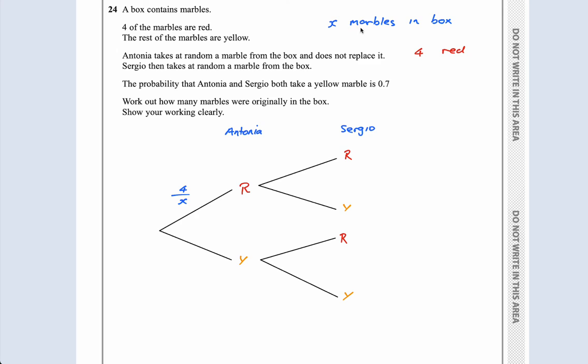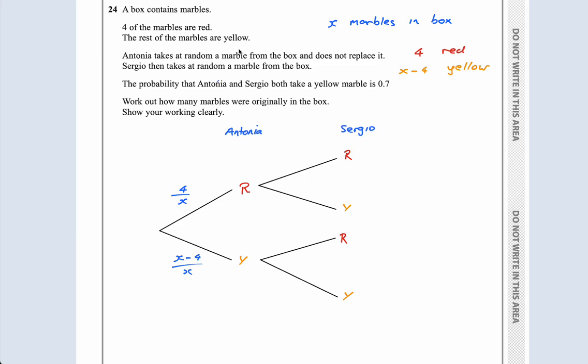Well, if there was 10 in total, it'd be 10 minus 4, which is 6. If it was 20 in total, there'd be 20 minus 4, which is 16. If there's X in total, there's X minus 4 yellow marbles. So the probability of taking a yellow is X minus 4 out of X.